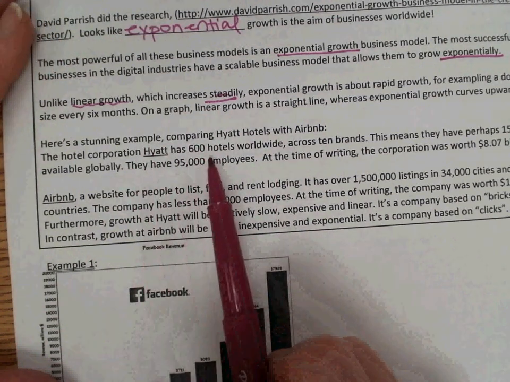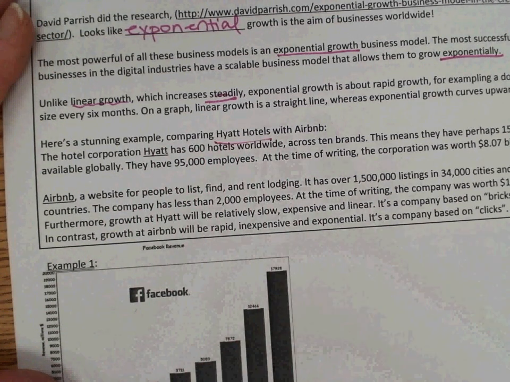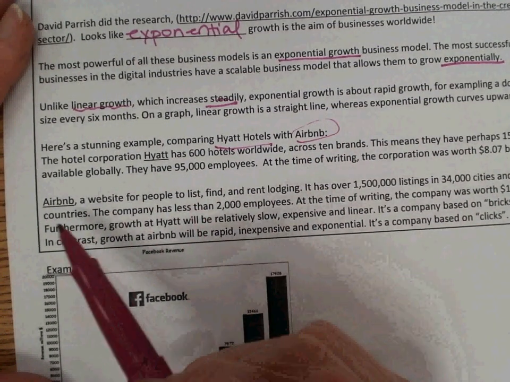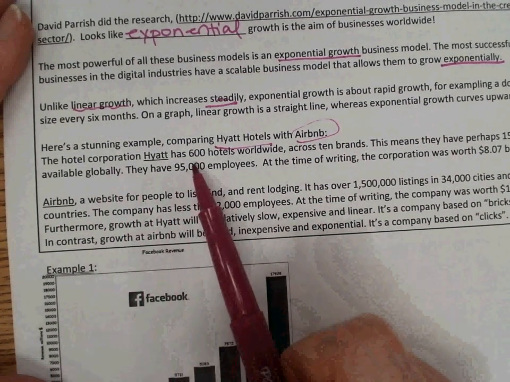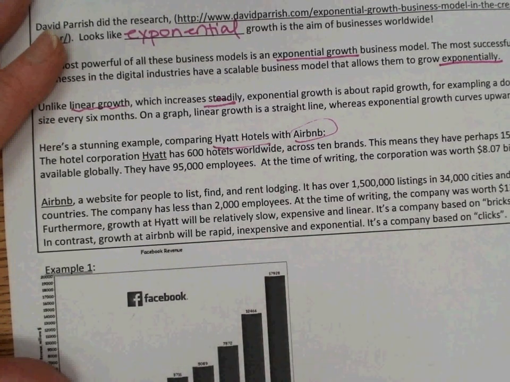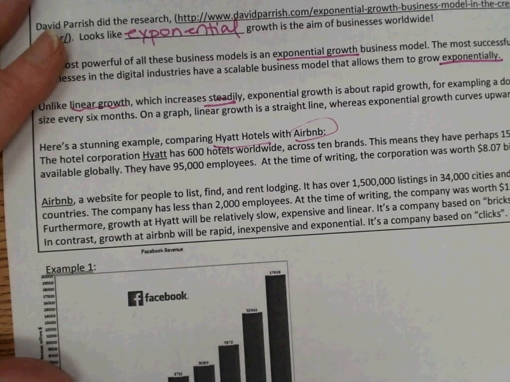So, you've probably heard of Hyatt hotels, and you've probably heard of Airbnb. So the Hotel Corporation Hyatt has 600 hotels worldwide. And that's at the time of the writing of this article, which I found just a year or so ago, so around 2018.